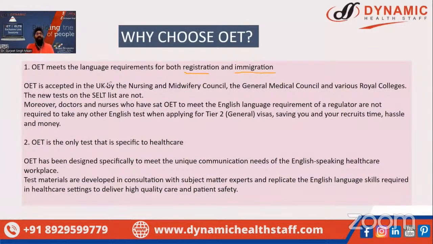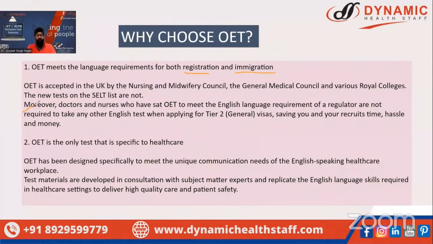How? First of all, OET is an English proficiency test, right, guys? So it will be accepted in the UK by the NMC, the General Medical Council (GMC), and by various royal colleges. It's acceptable anywhere. You can get admission anywhere if you have OET.